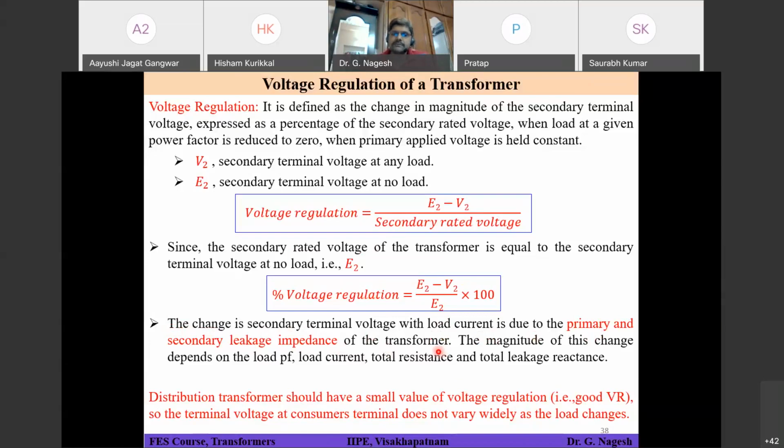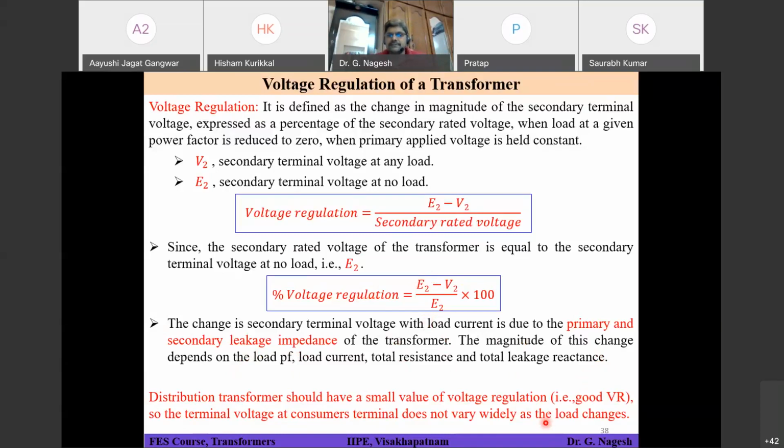The transformer has primary and secondary leakage impedances, that means R1 and jX1, R2 and jX2. When the current is flowing, these impedances are going to create a drop across them. That drop is nothing but E2 minus V2. The magnitude of this change depends upon the load power factor, load current, total resistance, and total leakage reactance of the transformer.